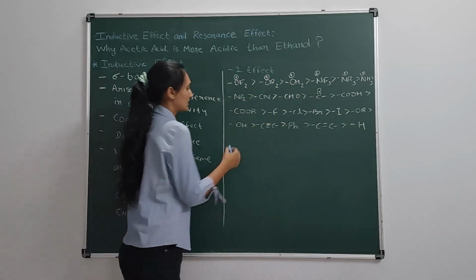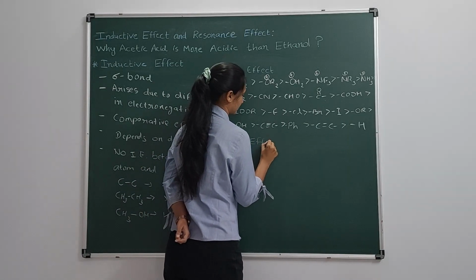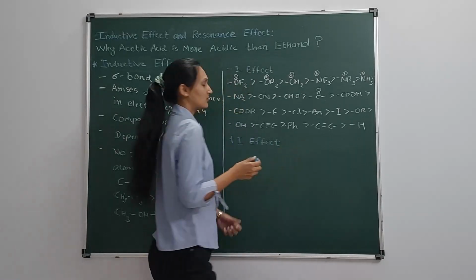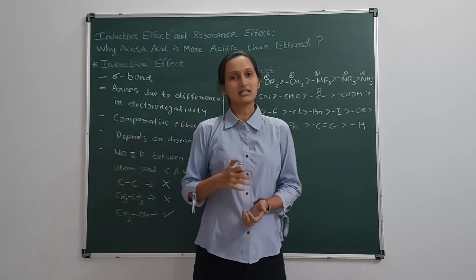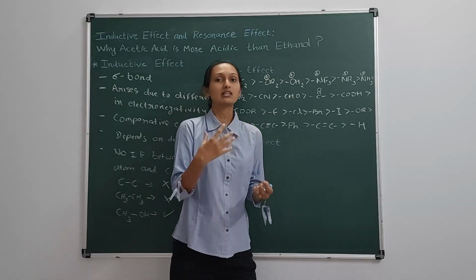Next we see plus I effect. Generally electron donating groups show plus I effect. These groups push electron density towards the carbon chain.